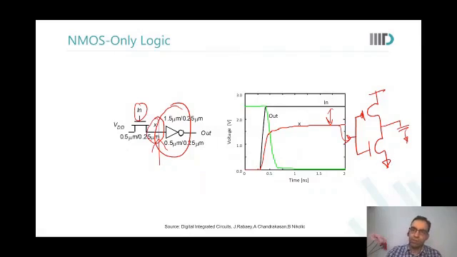PMOS is off, but there is still static current, a significant amount of static current happening. NMOS is fully on, that you are able to see. Yes. So NMOS is fully on, PMOS is off, but not fully off. So there is a significant amount of static current coming from here, which would be sunk here.